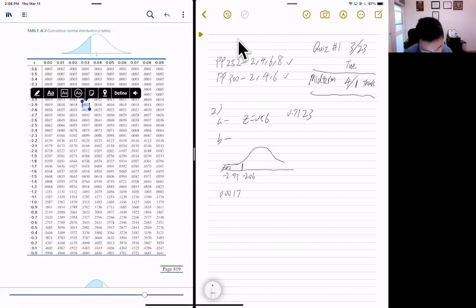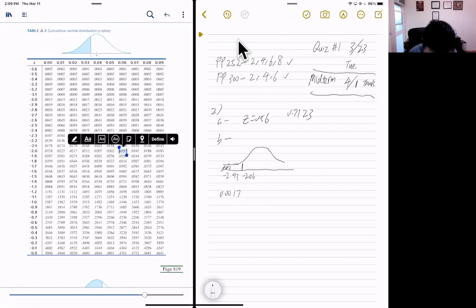And then for the other number, minus 2.06, it is here, so it's 0.0197. So we should use 0.0197 minus 0.0017.